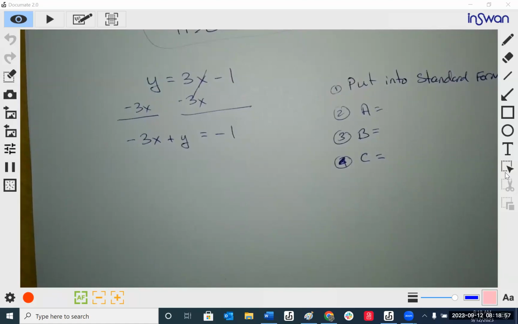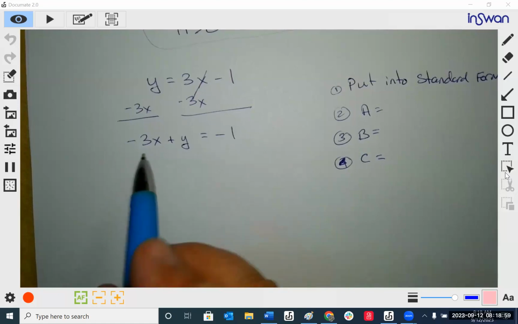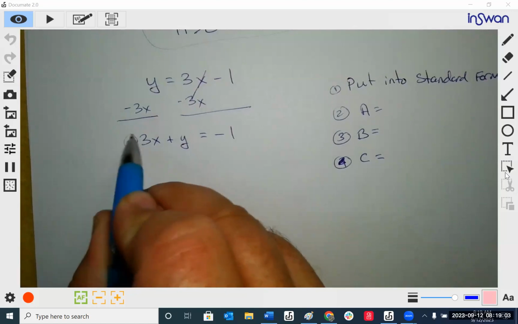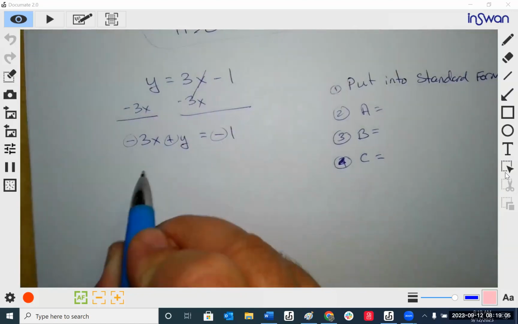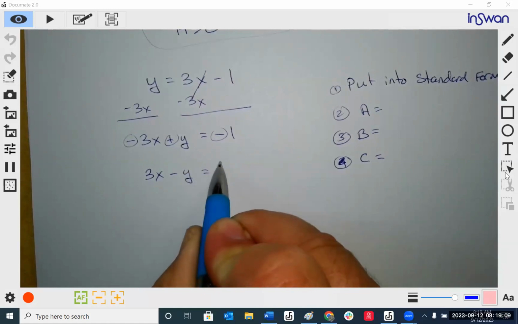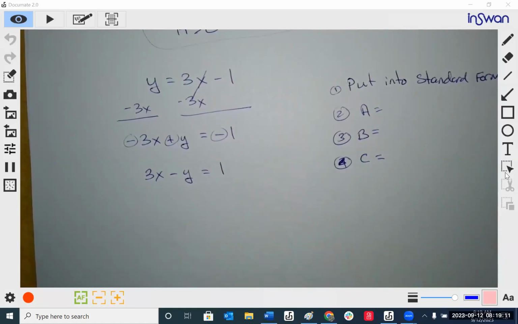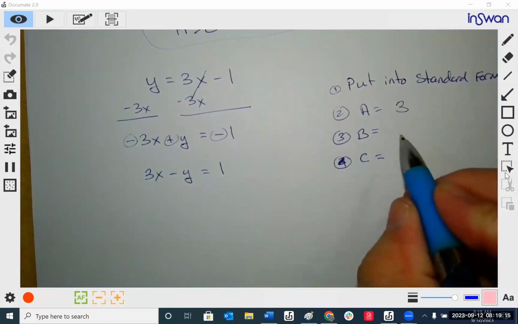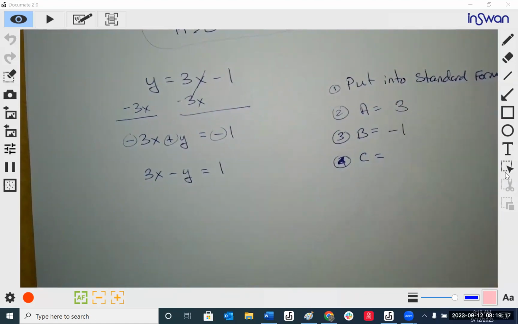Why not? Because the leading term is negative. So we change all the signs. So that becomes positive, negative, positive. So what's A? 3. What's B? And what's C? Right? Perfect.